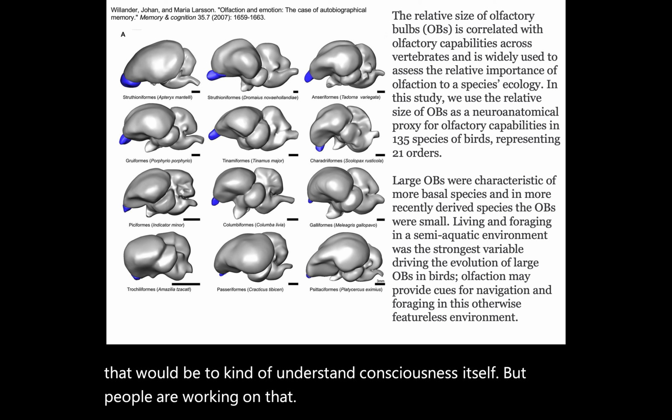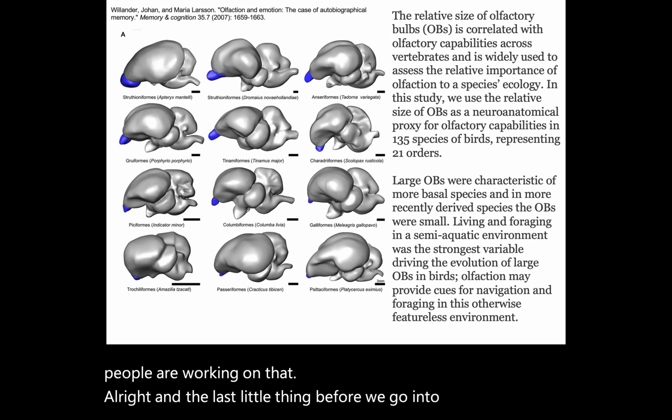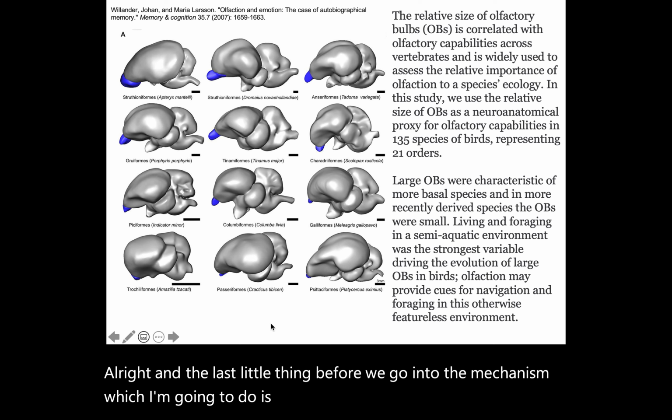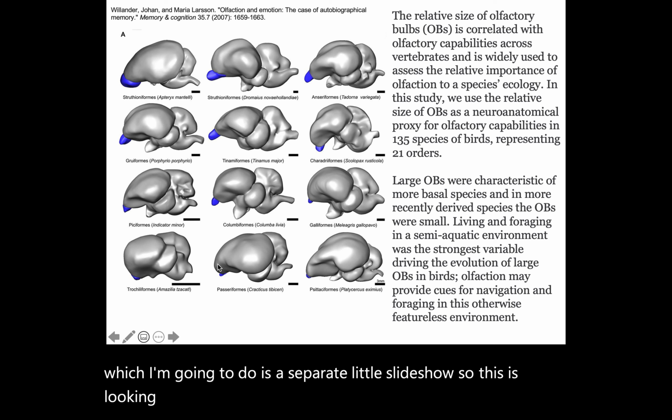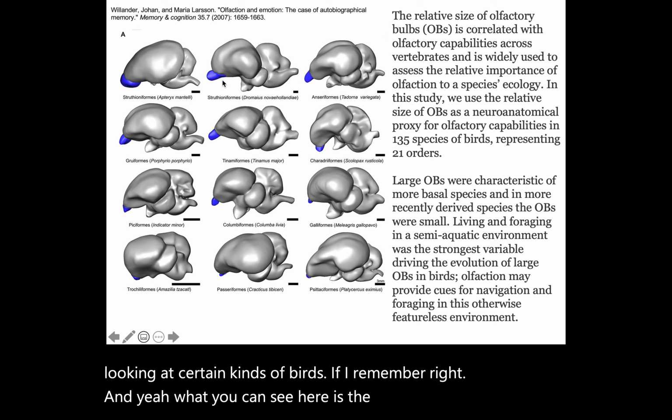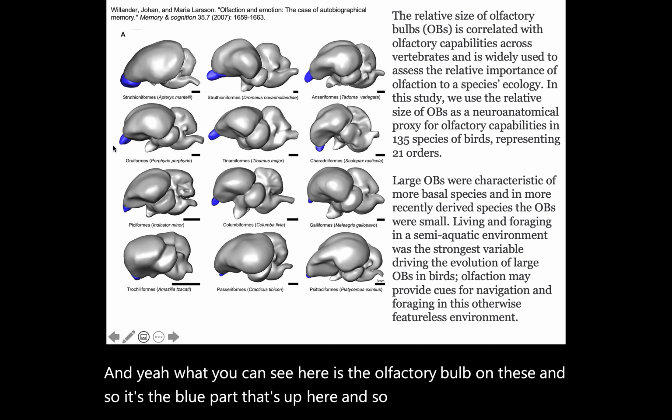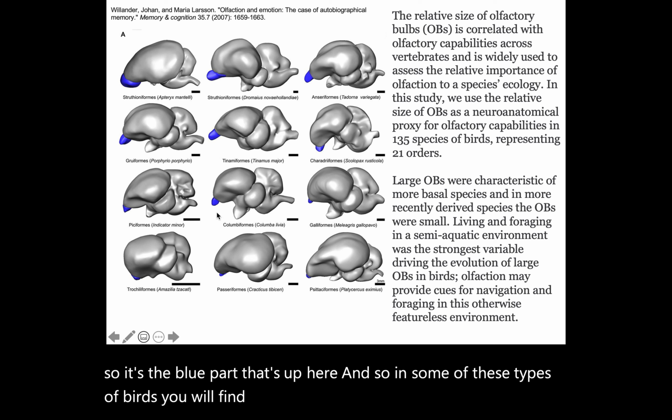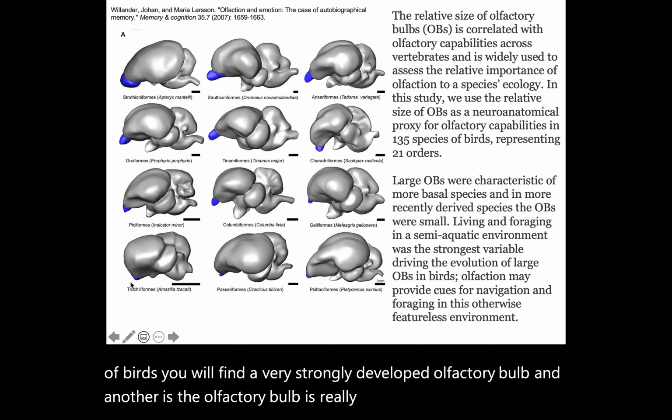All right, and the last little thing before we go into the mechanism, which I'm going to do as a separate little slideshow. So this is looking at certain kinds of birds, if I remember right. Yeah, what you can see here is the olfactory bulb on these, and so it's the blue part that's up here. And so in some of these types of birds, you will find a very strongly developed olfactory bulb, and in others, the olfactory bulb is really small. And we think this reflects basically usage patterns.